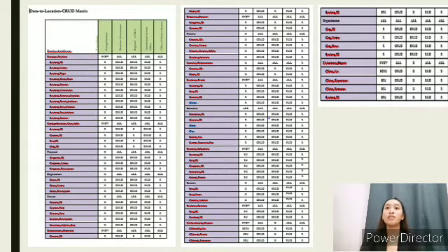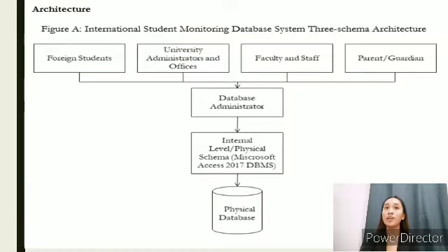And for the last section for this chapter, Figure A, which is the International Student Monitoring Database System three-schema architecture, shows the actual viewers of the system, which are on the top layer of this diagram: the foreign students, the university administrators and offices, the faculty and staff, and the parent or guardian.